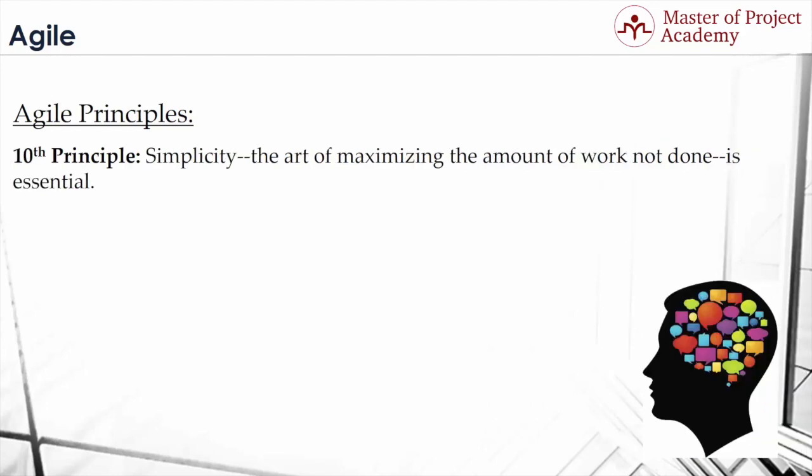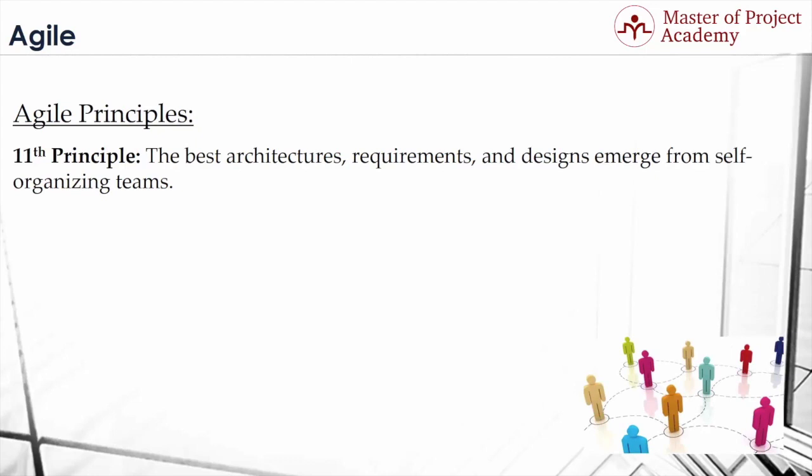The 10th Agile principle is simplicity. The art of maximizing the amount of work not done is essential. The main purpose of the Agile methodologies is collaborating with the customer during development, and this way reducing reworks and ambiguities, and preventing unnecessary work from being done. The 11th Agile principle is: the best architectures, requirements, and designs emerge from self-organizing teams.